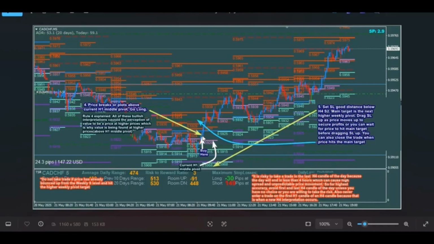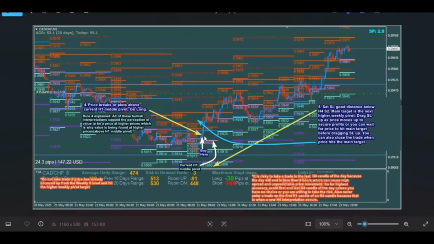So the fact that the market is finding value at higher prices indicates that the perception of value is a price at higher prices, and we trade in that direction of value. We trade in that direction of the perception of value, which is up.